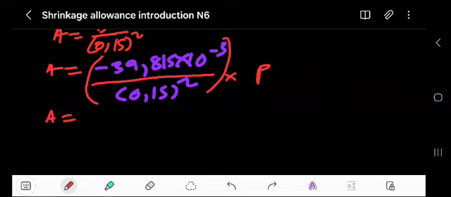So I'll make the maths simple for you there. You'll have minus 39,815 times 10 to the power of minus 3 divided by 0.15 squared, which will be negative 1 comma 7.